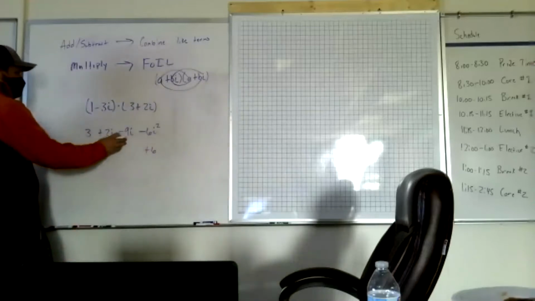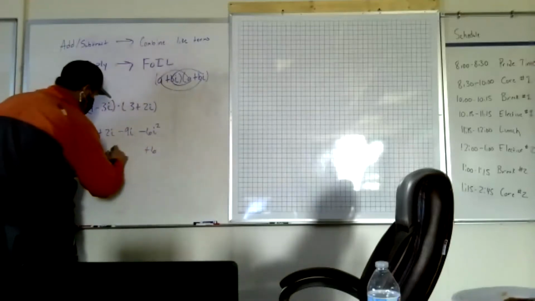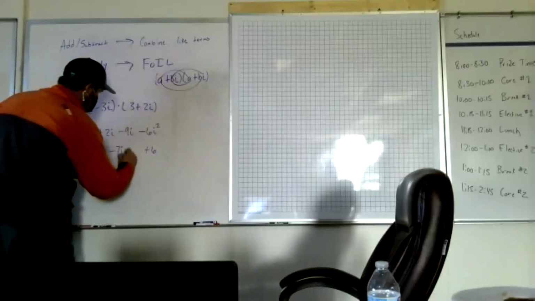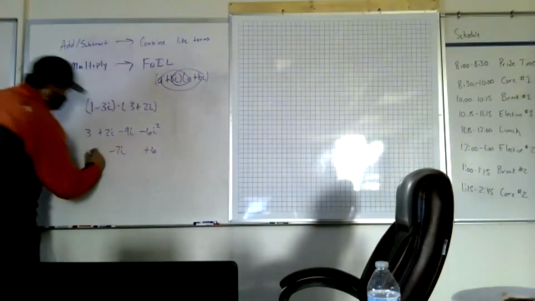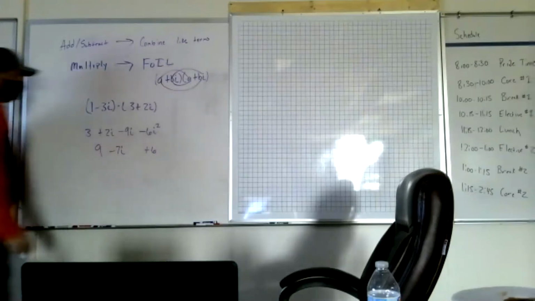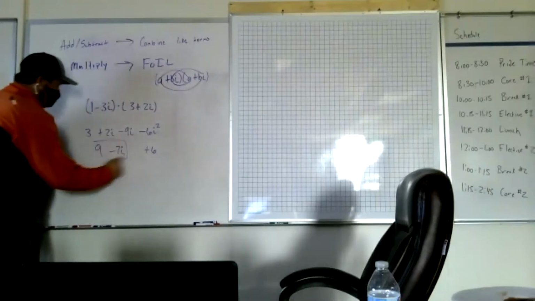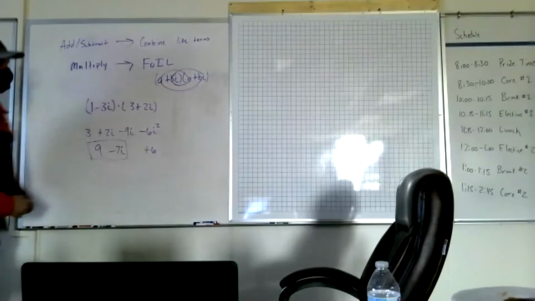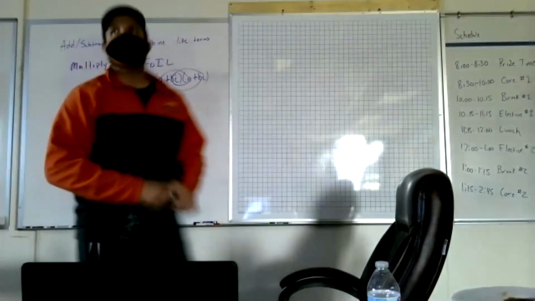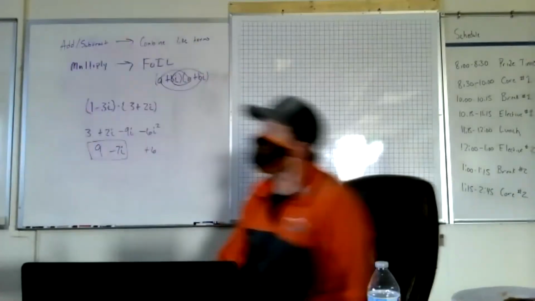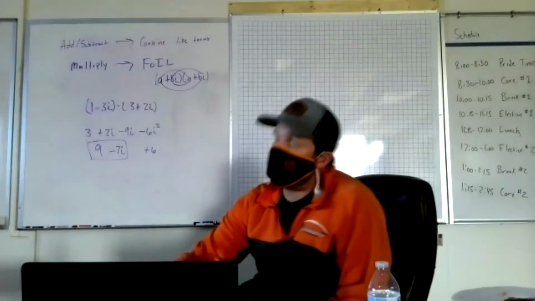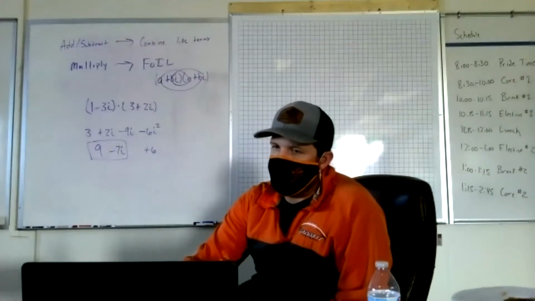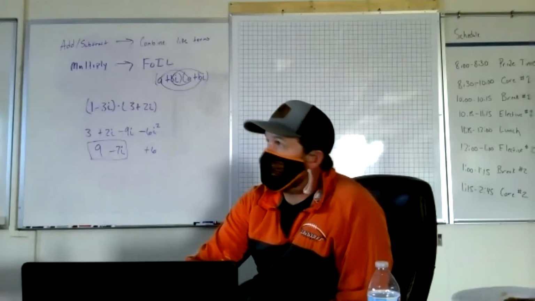Okay, 2i and negative 9i are going to combine to be a negative 7i. 3 plus 6 leaves me with 9. So my final answer is 9 minus 7i. Once again, the trick is make sure that you simplify i squared into negative 1. Other than that, it aligns pretty well with what you've already done.